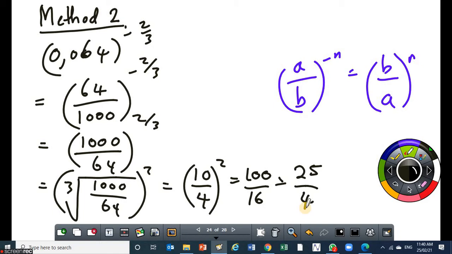So this is another way of doing the question, if you know that definition. I have to remind you that the grade level exponents are a little bit more complex as compared to what you're used to in grade 9 or 10.